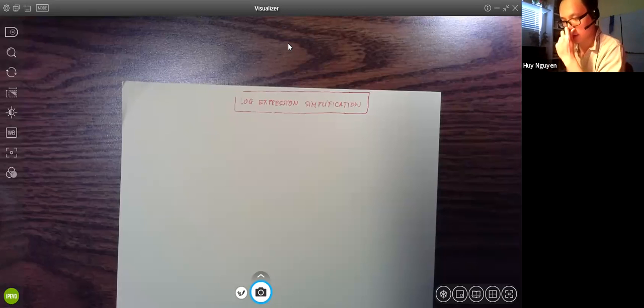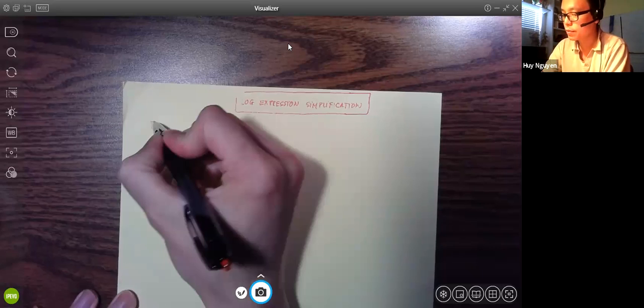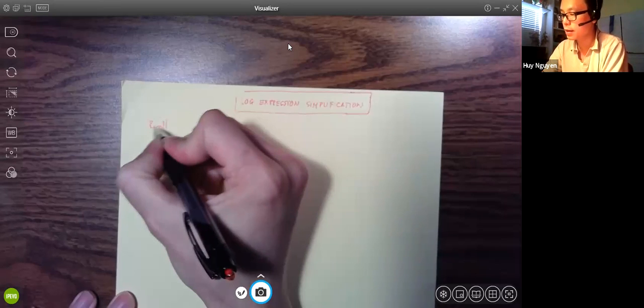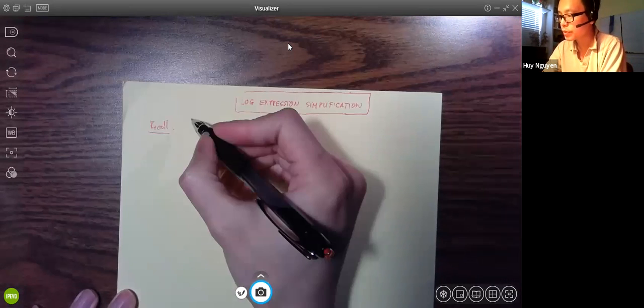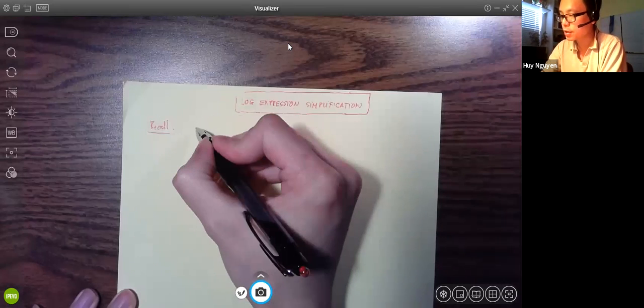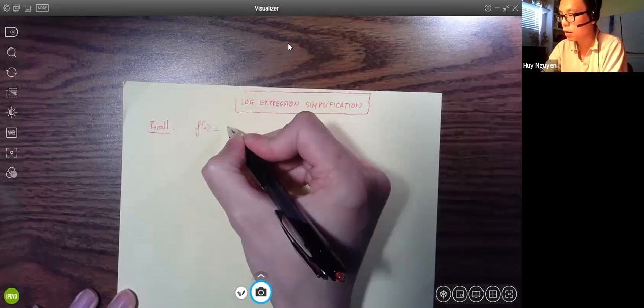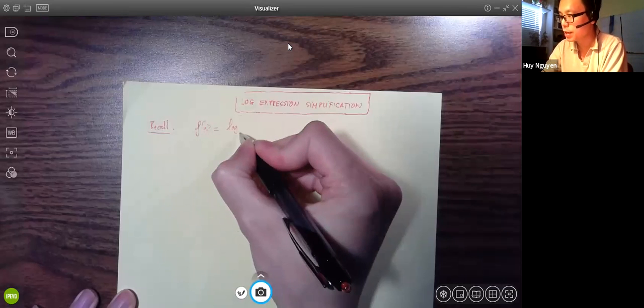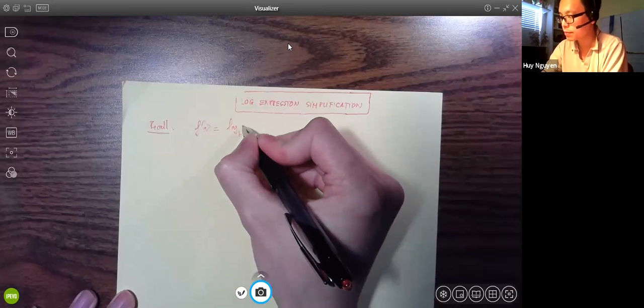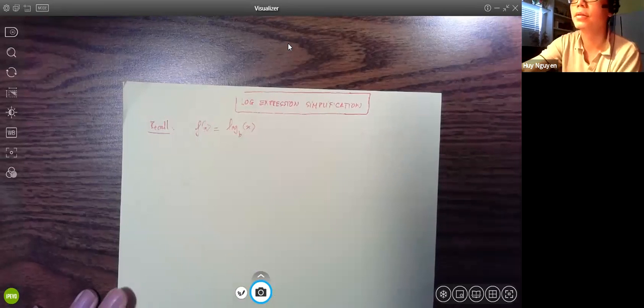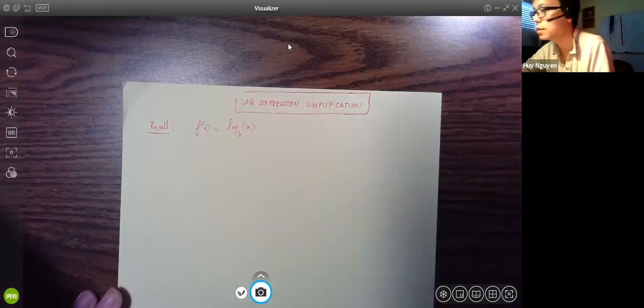So let me recall the properties in the video first. You know that the log function is something like this: f of x equals log base b of x. Sorry, I need to change the pen. This is not a good pen.